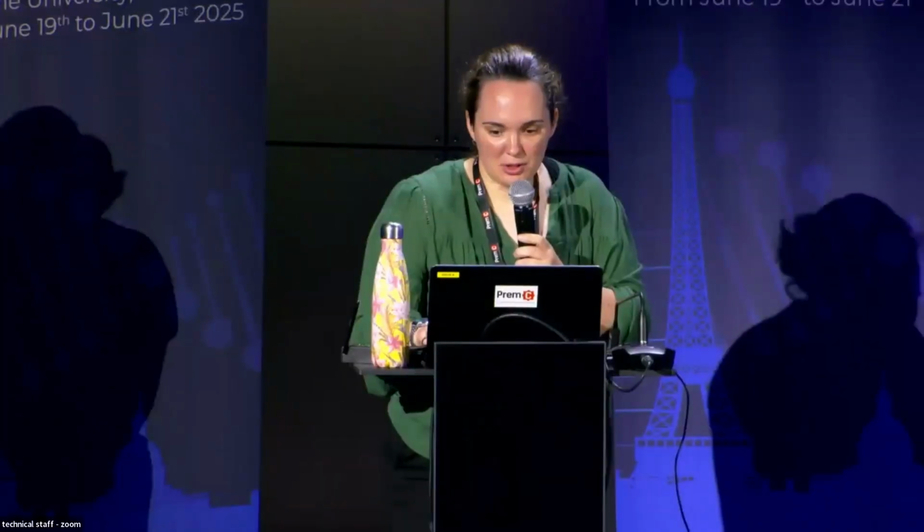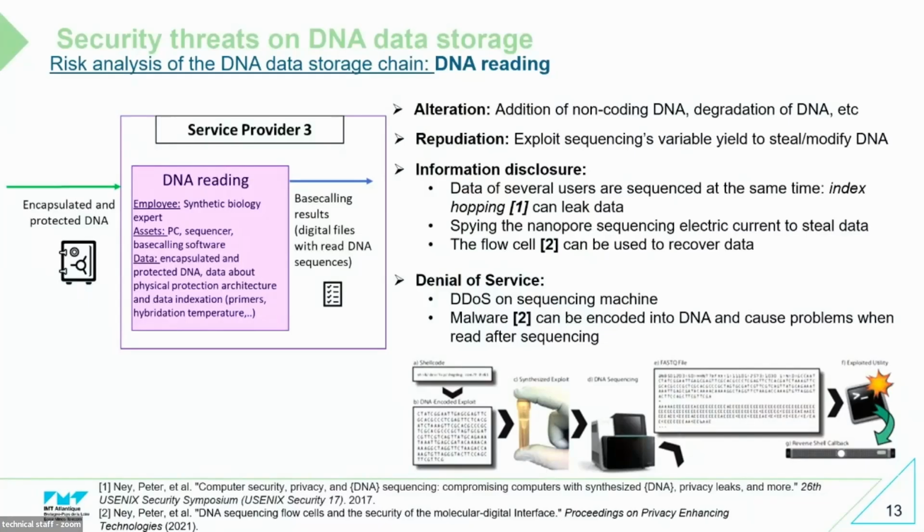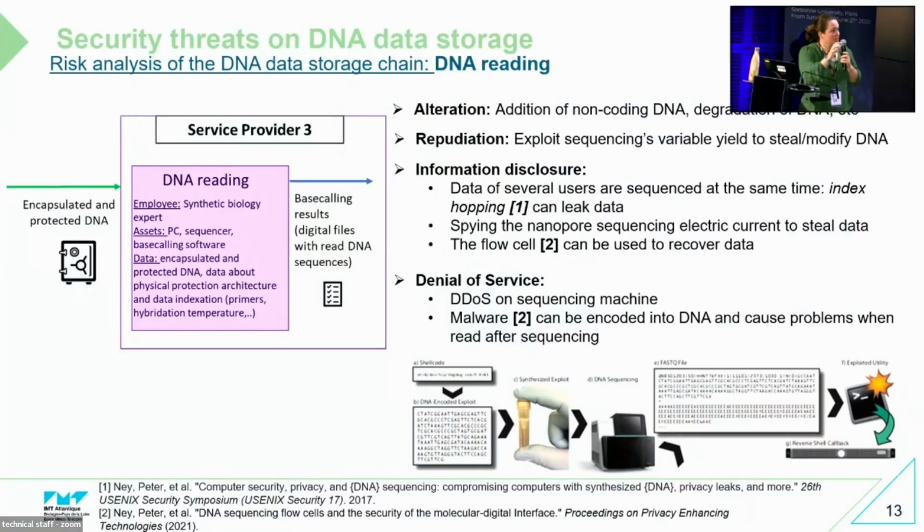Of course. So it's a published attack by Peter Ney in 2017, and the principle is that what's encoded into DNA is some shellcode, so some informatics code that's encoded into DNA, sent to a sequencing service provider that does the sequencing, and when they read the FASTQ file, I think it causes an exploit in the computer, and if I remember correctly, takes control of the computer.